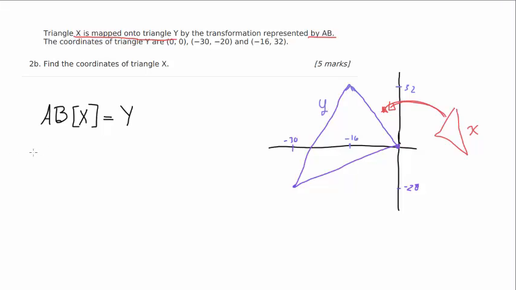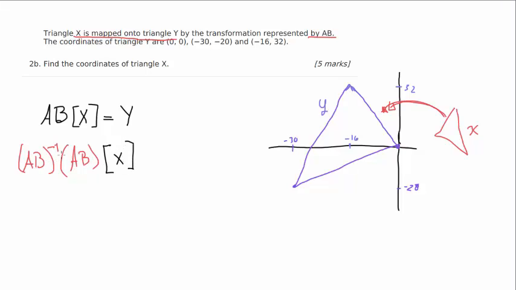So I need to know the inverse of this matrix. If I want to, I can multiply out matrix AB and then find its inverse. But right now, I'm just going to stick with the fact that what I need is the inverse of matrix AB times AB, so that those become the identity, and that is multiplied by x.